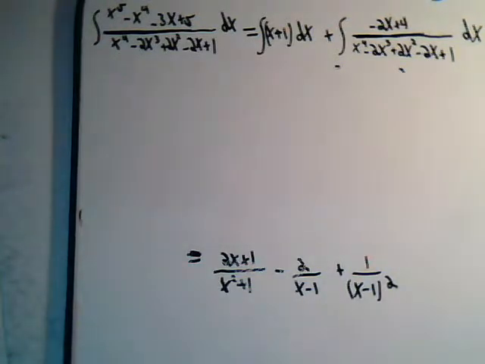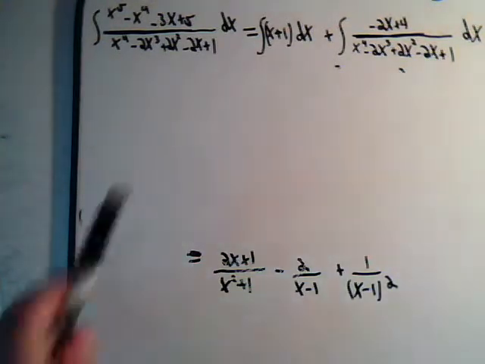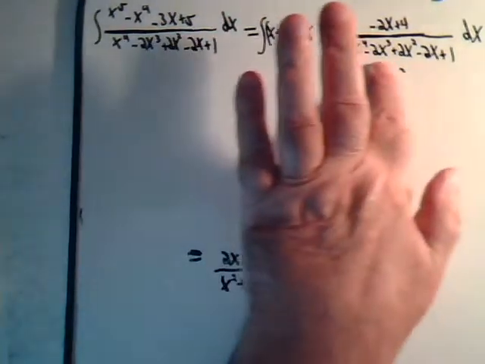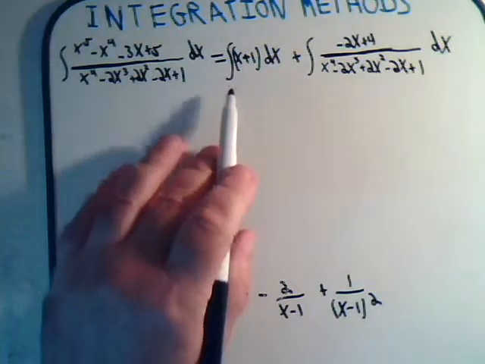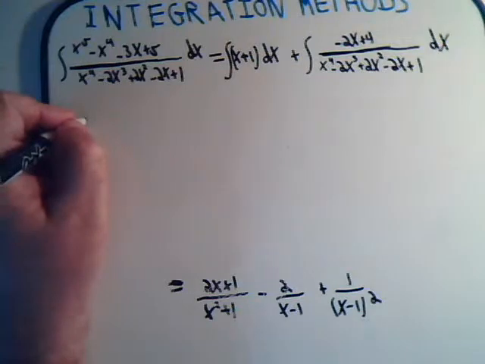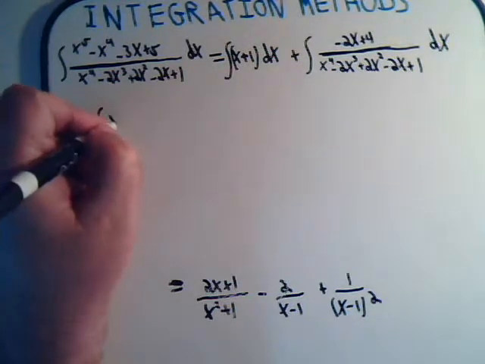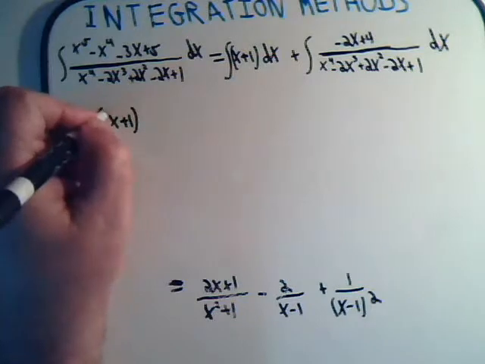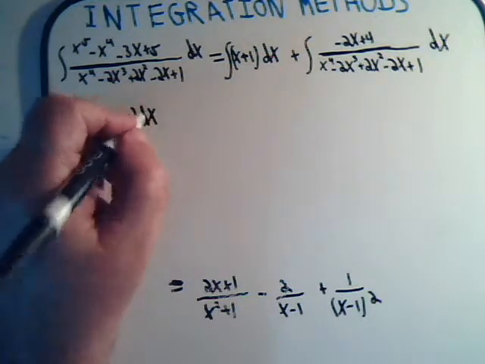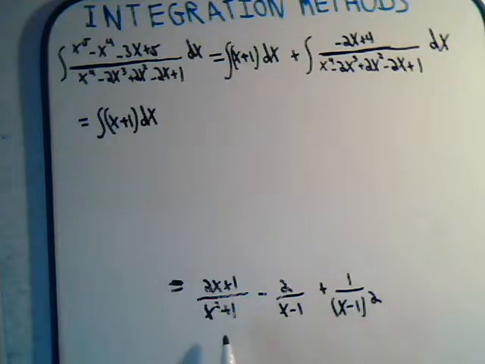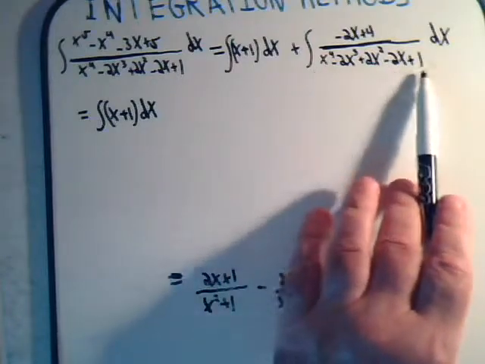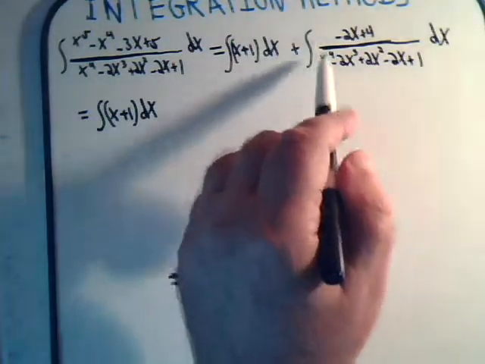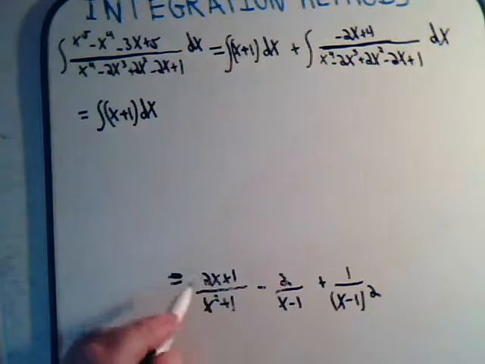Okay, so it looks like our original integral is going to come out equal to the integral of x plus 1 dx, and then we'll have plus this integral here. All of this now is from this entire integral. So this integral is now 3 integrals, this one, and this one.